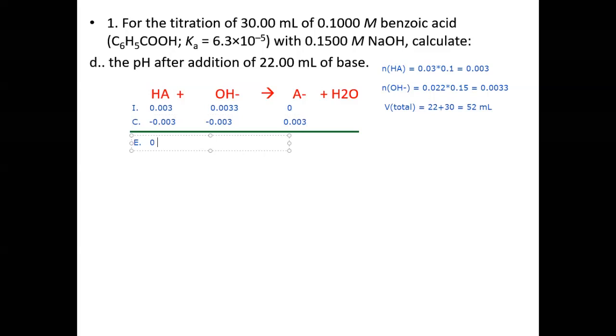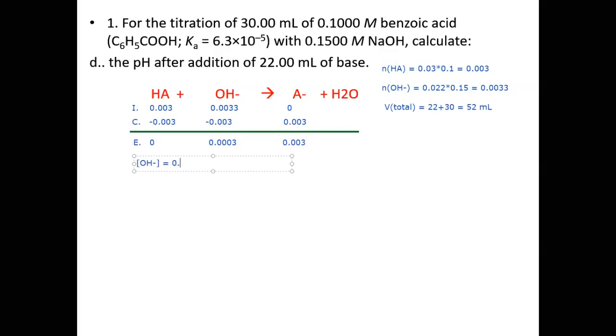Equilibrium. So notice that we have moles of strong base left over, so we're going to find the concentration of hydroxide, and then we can find the pH. So that's the concentration of strong base.